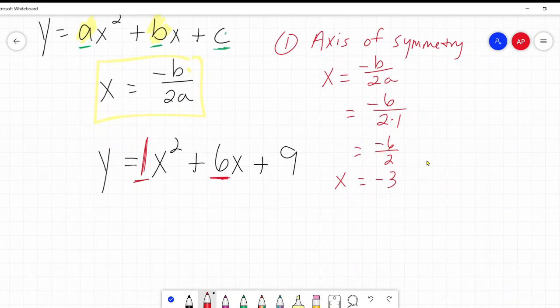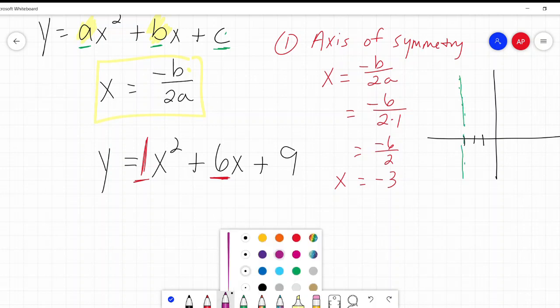So if I want to visualize this, I don't know why it doesn't want to zoom out. Okay, thanks whiteboard, you're so helpful. Let's do a quick visualization. This is by no means to scale. I know that x equals negative 3 is my axis of symmetry, and that this parabola is over here somewhere.